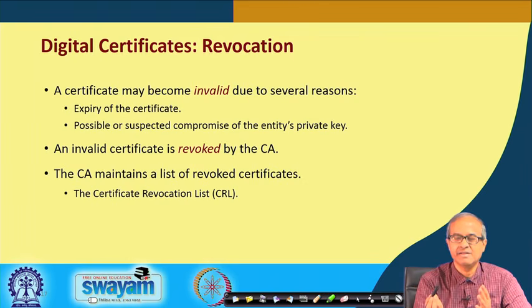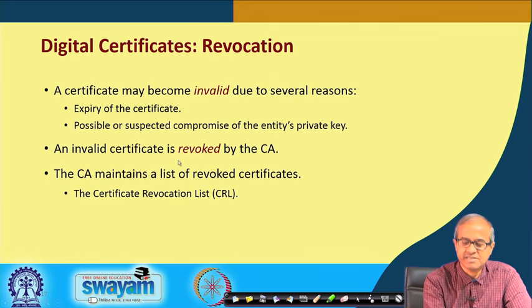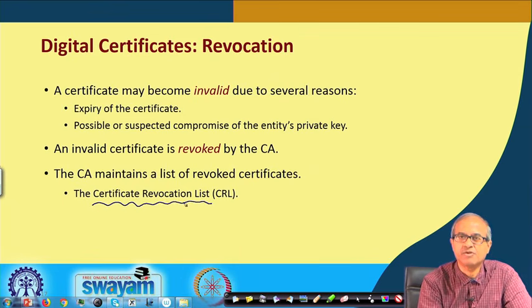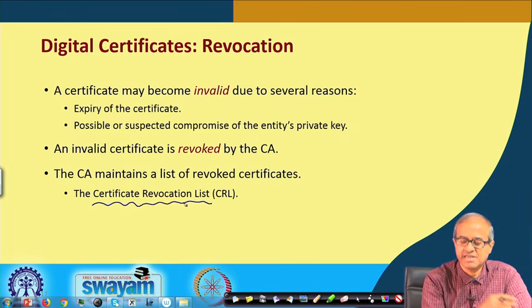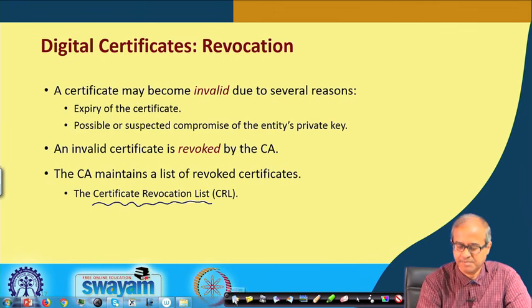Because of that, you can temporarily put it into the suspect list and it becomes invalid. And the invalid certificates are revoked by the CA. How is it done? The certifying authority maintains a separate list called the certificate revocation list. So, these certificates go to that CRL, and after a time they get removed from the CRL also.